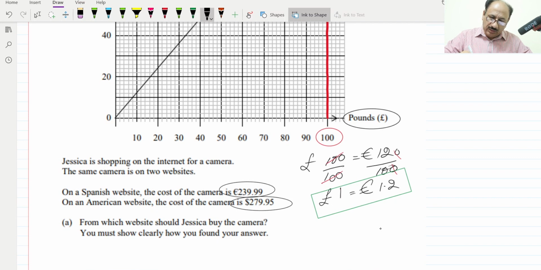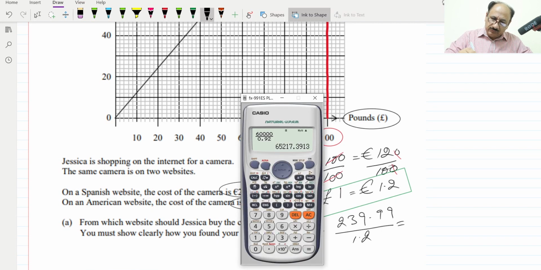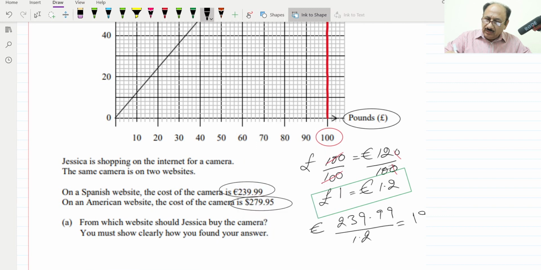And 239.99 euros will be divided by 1.2 and we will get the answer. We can divide 239.99 by 1.2, and this will be 199.99, approximately equal to 200. Basically this will be 200 pounds.